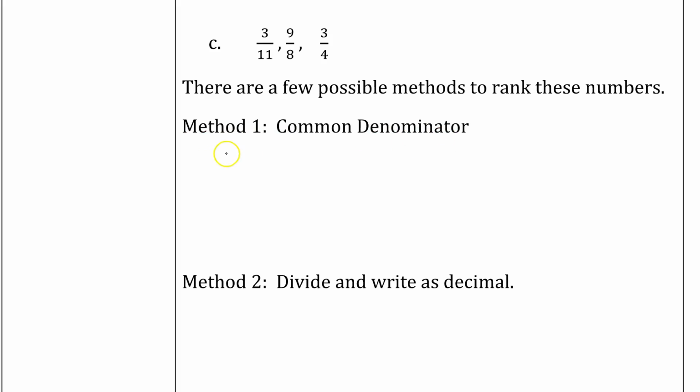Method 1 is finding the common denominator. Method 2 you're going to love because you just convert it into a decimal and you can see right away. This question is another continuation. We want to go from lowest to greatest. First I'm going to find a common denominator between 11, 8, and 4. If it's just 11 and 8, the lowest common denominator will be 88, because 11 times 8 is 88, and they don't have any common factors.